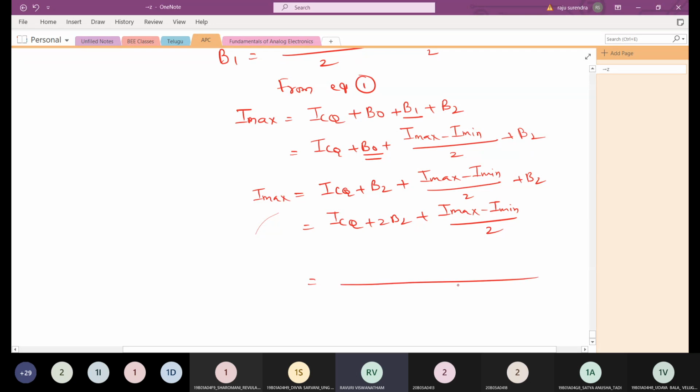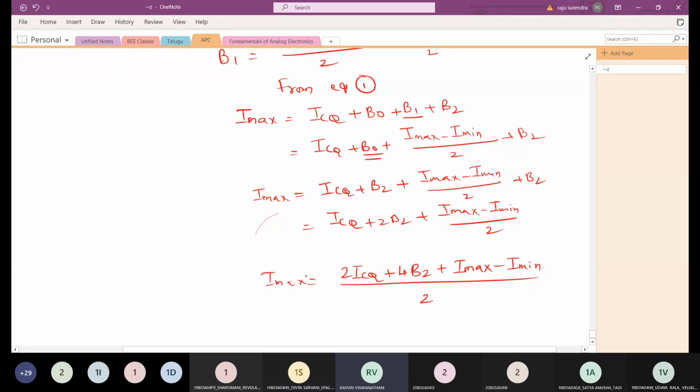It's 2, then 2ICQ plus 4B2 plus I max minus I minimum. Is it right? Which is equal to I max.